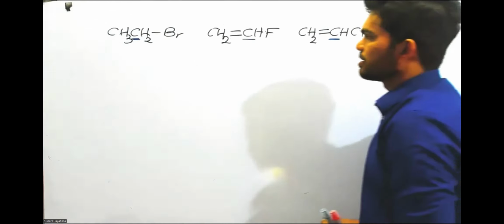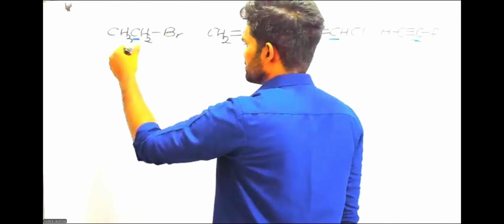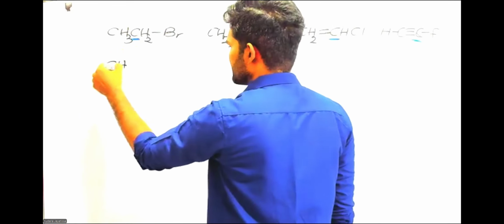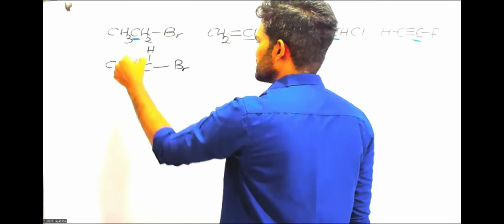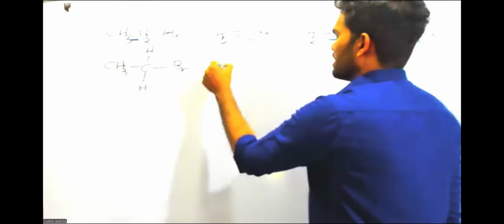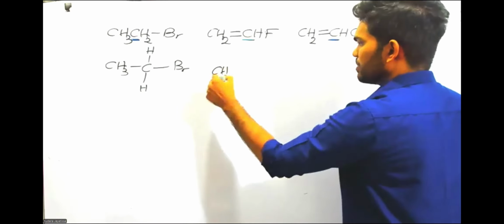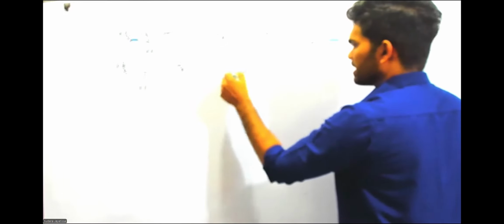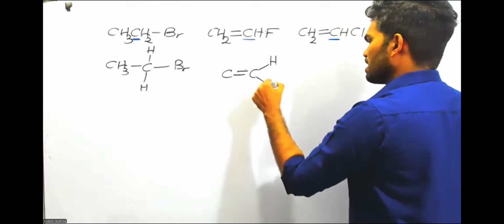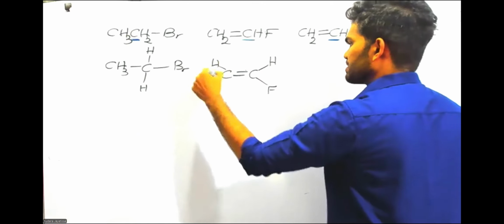Now, if you look at the molecules, we have to properly arrange them. Here bromine is attached to this carbon atom. And here you have a double bond between 2 carbon atoms, and fluorine is one of the atoms attached.